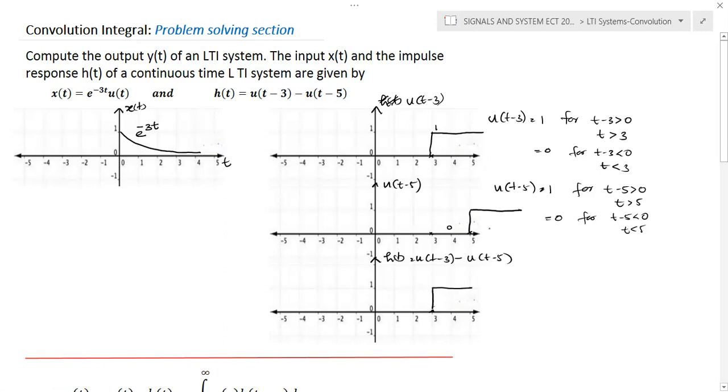From 5 onwards, u of t minus 3 amplitude is 1, and u of t minus 5 is equal to 1. So 1 minus 1, you will get 0. So this is the signal u of t minus 3 minus u of t minus 5. It's a pulse which starts from 3 and ends at 5. The width of the pulse is 2. This is actually h of t.